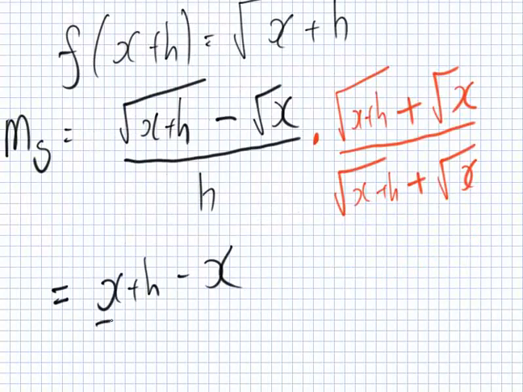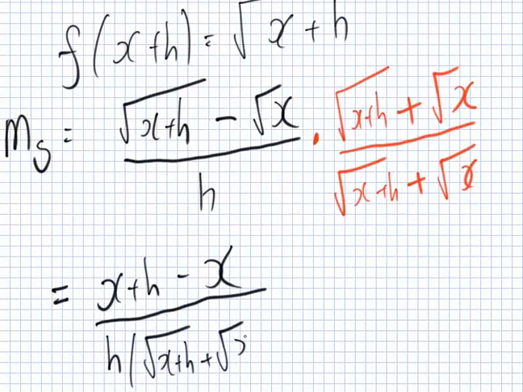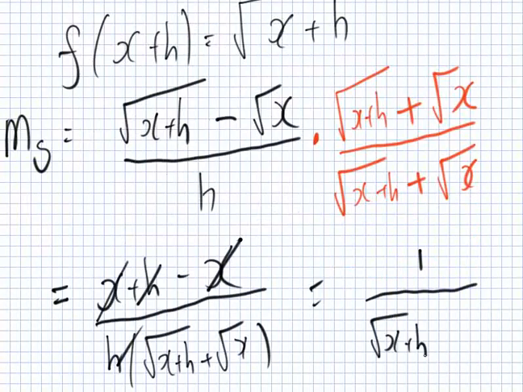On the bottom, it stays the same. The x's cancel. Yes? And h over h is 1. And in fact, this is the answer. The answer is 1 over root x plus h plus root x.